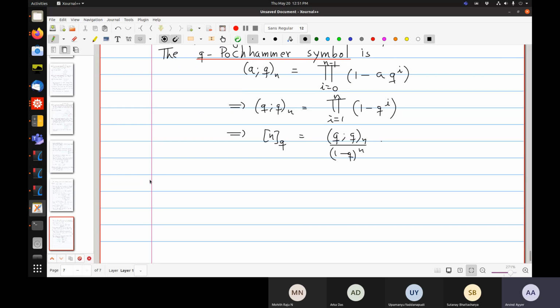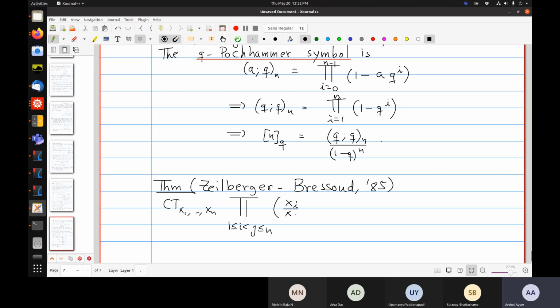the theorem due to Zeilberger and Bressoud is the constant term in x1 up to xn, and now I'm going to have a complicated looking object on the left hand side: the product over 1 less than or equal to i less than j less than or equal to n of (xi/xj; q)_ai.